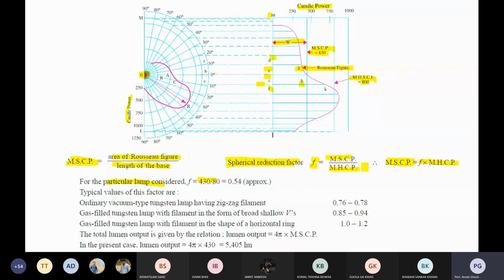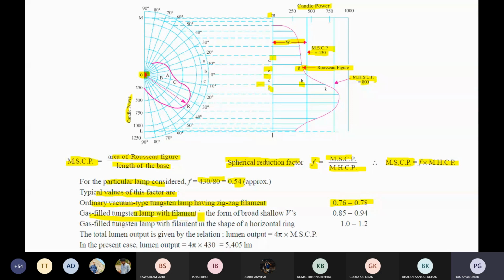So the typical values of the factor: the ordinary vacuum type of tungsten lamp having zigzag filament has a value of 0.76 to 0.78. Then there is the gas filled tungsten lamp with the filament in the form of a bird cage, and the values are there.